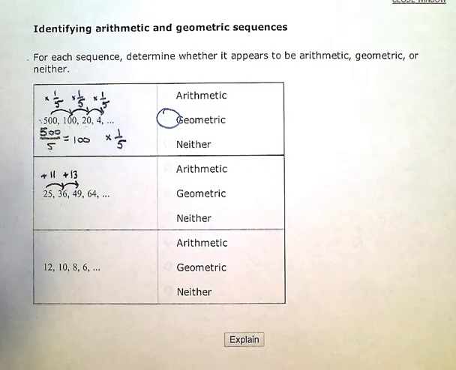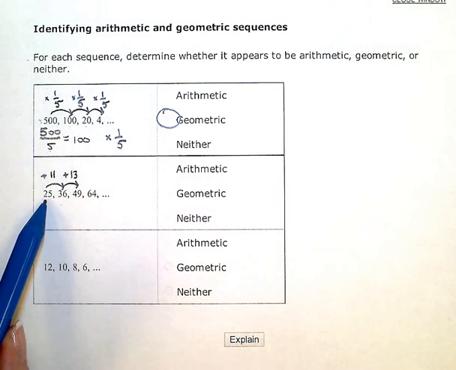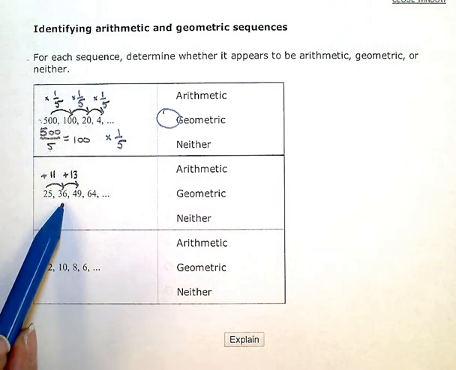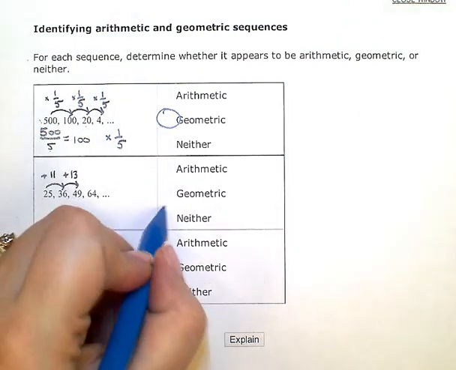So it can't be arithmetic because I'm not adding the same number every single time. And it's not geometric because, like I said, I can't do an exact multiple to get from 25 to 36. So I'm going to mark this one as neither.